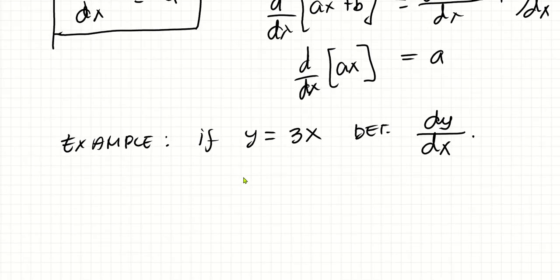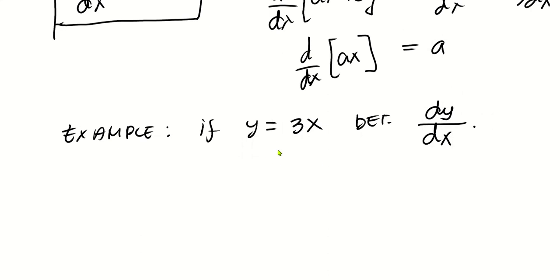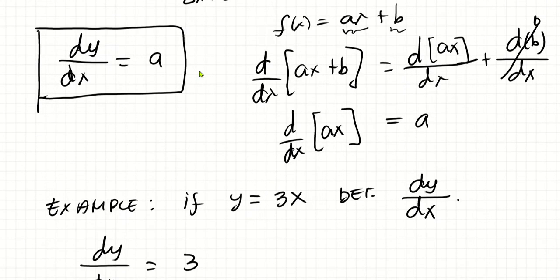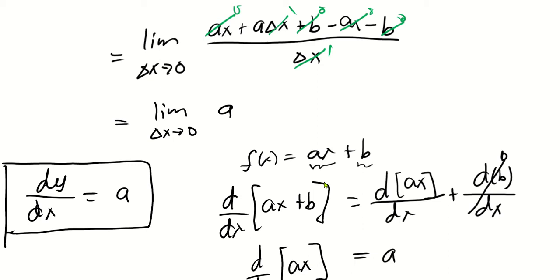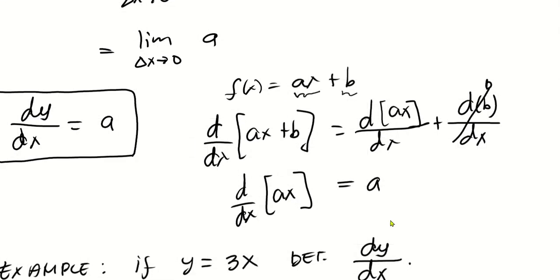Here we can see that a is equal to 3. There's no b here, you can put plus 0. So dy dx here is just equal to 3. It's just equal to the coefficient of x, just like what we derived here. Remember ax plus b, or simply ax.